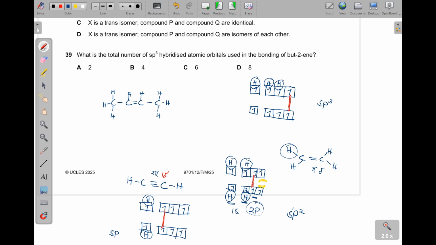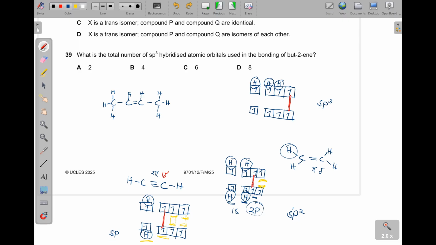That's why we call this sp. Now, these ones are going to be sideway overlaps. This overlaps with this sideway, and also this one with this one sideway. But which are the ones involved in the sigma bonding? 1s, 1p. So it is sp. I hope you have gotten it.